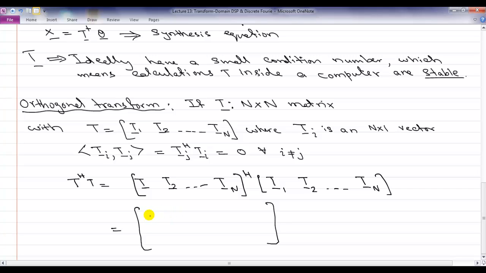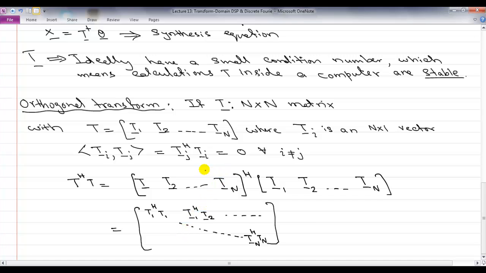The first entry is the inner product of T1 with itself. The second entry is the inner product of T1 and T2, and so forth. So on the diagonal you have inner products of vectors with themselves, and in the off diagonals you have inner products of different columns.